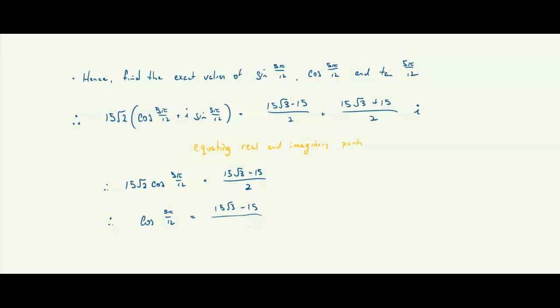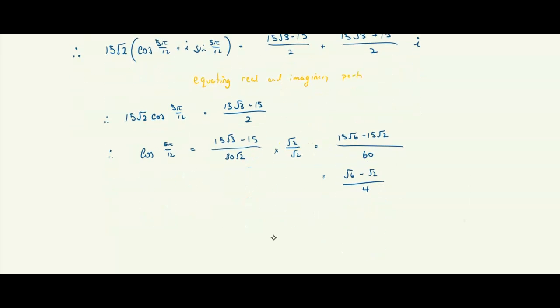So I'll get 2 times 15 root 2, so 30 root 2. If I multiply this by root 2 on root 2, we will get 15 root 6 minus 15 root 2 over 60, which is equal to root 6 minus root 2 over 4. So that's the exact value of cos 5 pi over 12.